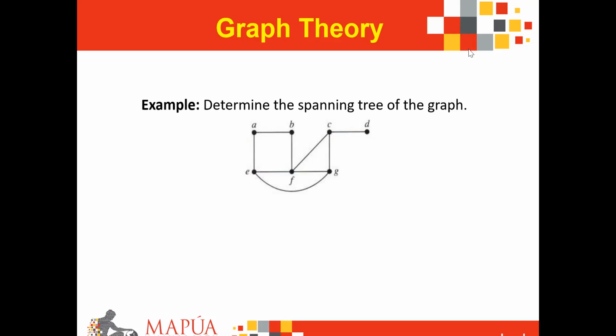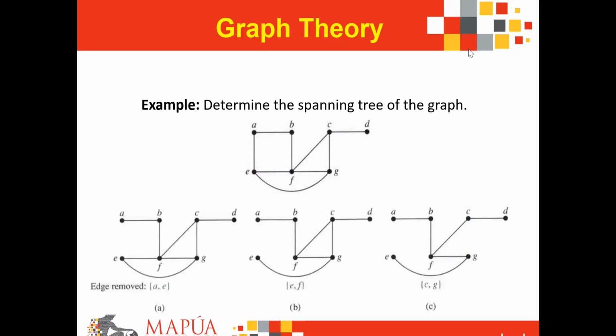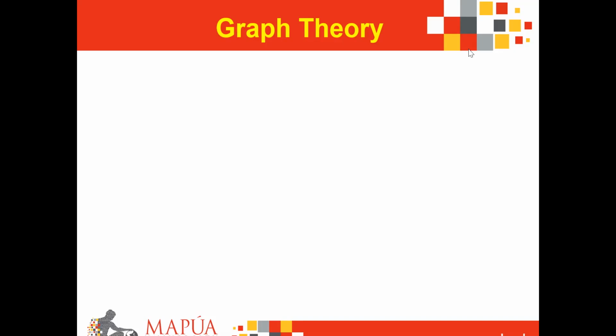starting with the following edges that are removed: A comma E, then you have E comma F, then C comma G, ending up with this corresponding spanning tree containing a minimum of 6 edges that will interconnect all of your 7 vertices. Note that this is not the only possible solution of spanning trees seen on this graph.